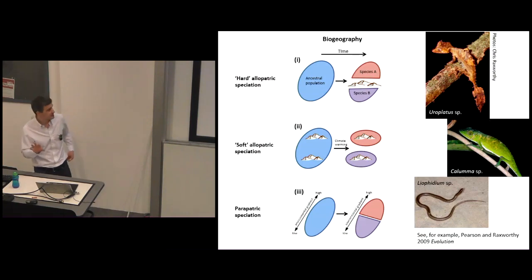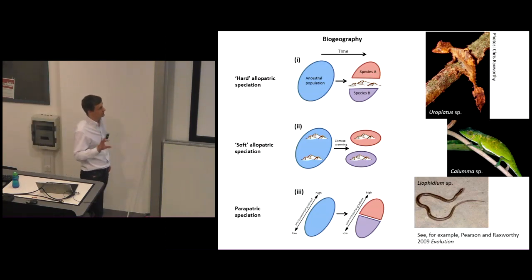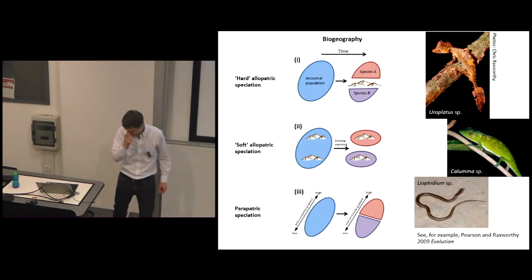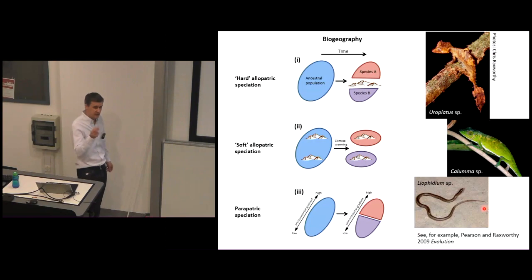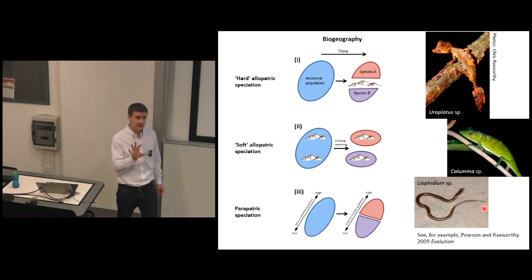So we've done this, and many others have as well, looking across different groups. I've particularly focused on, it's a nice area to work just because of some of these cool critters, such as these just phenomenal Uroplatus leaf-tailed geckos, some of the chameleons, some of the snakes. But we can look at the patterns and we can associate them with these different biogeographic modes of speciation.